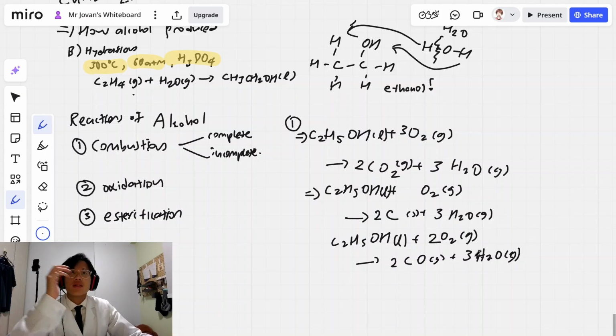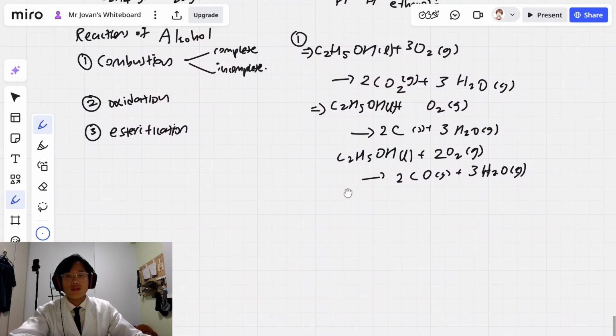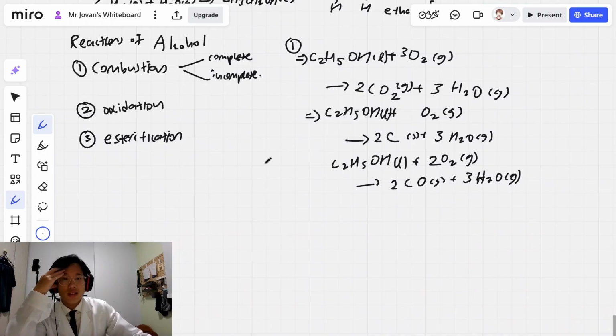This is how you balance it. Once you know the products, you balance it. Easy. Combustion happens in all the relevant ones so far: alkanes, alkenes, alcohols.